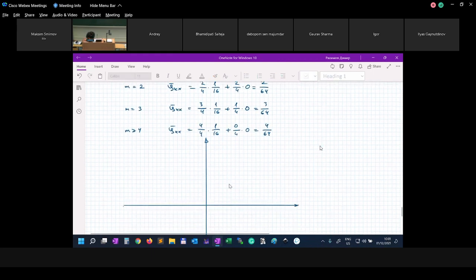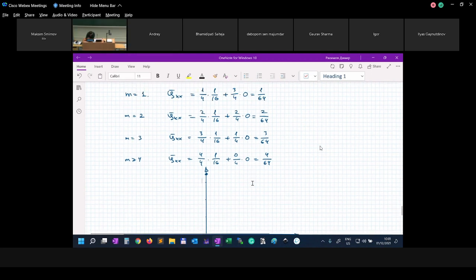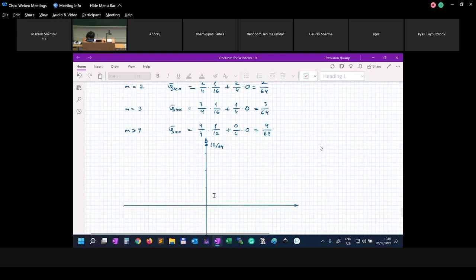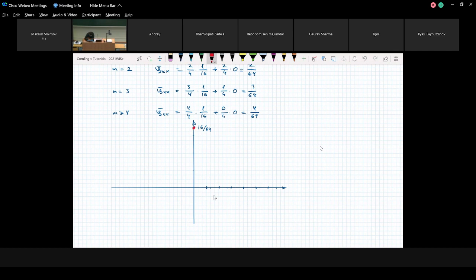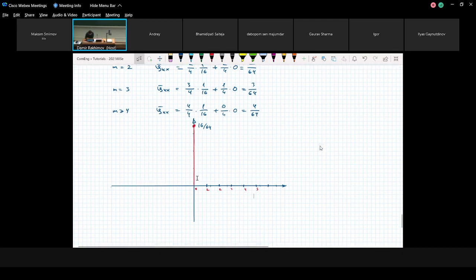Here we have the autocorrelation. What's the value for 1? 1 over 64.